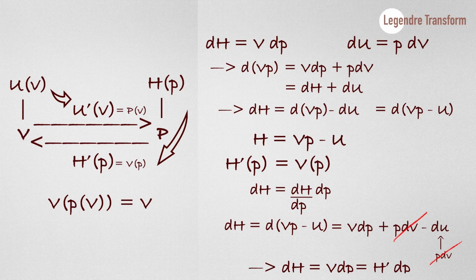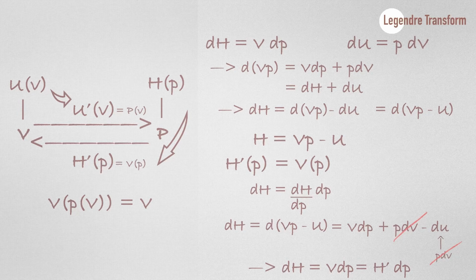So dH is equal to VdP from this, but it's also equal to H prime dP. And so therefore H prime is equal to V. So H prime of P is equal to V of P. And so we get the desired relationship for the derivative of H per P. And so basically H is a thermodynamic quantity, which is the enthalpy in thermodynamics.